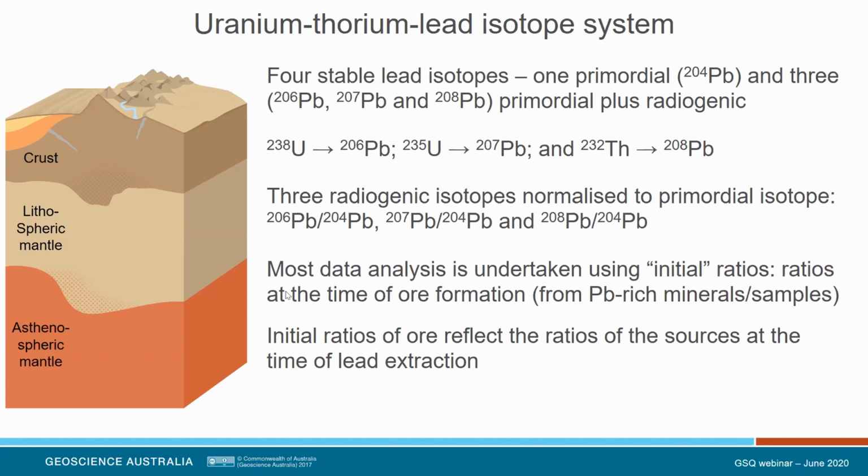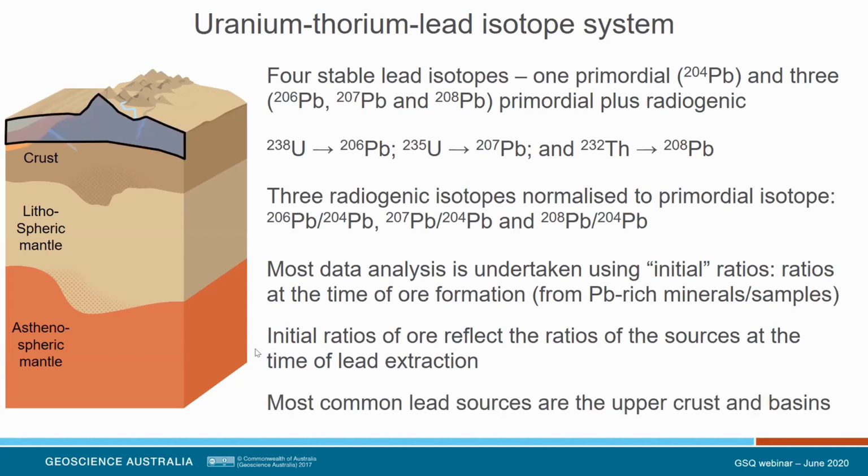So we're not looking specifically at the mineralization, we're looking at the source of the mineralization when we're looking at these lead isotopes. And the other thing that's important is that most of the common lead sources are from the upper crust and the basin. So we're actually looking at a model of the upper crust.